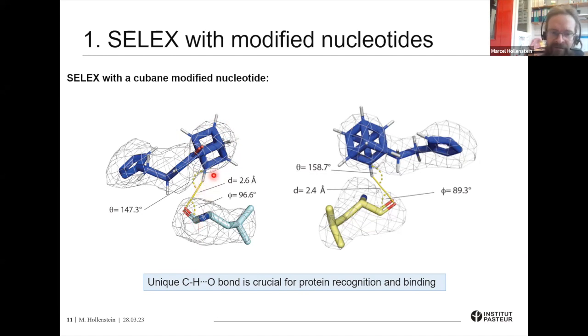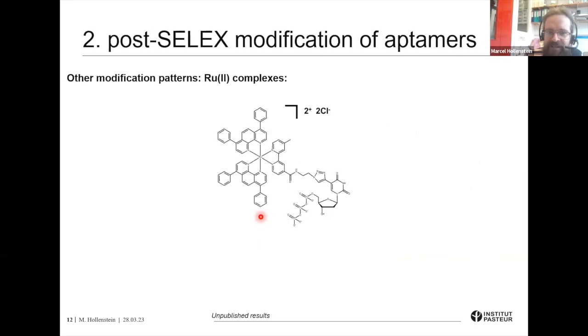And this cubane residue is within bond distance and forms adequate angles for us to believe that it engages in a CH-O hydrogen bonding interaction. And we believe that this interaction might be crucial for protein specificity, because the alanine is not present in the PfLDH at this position.